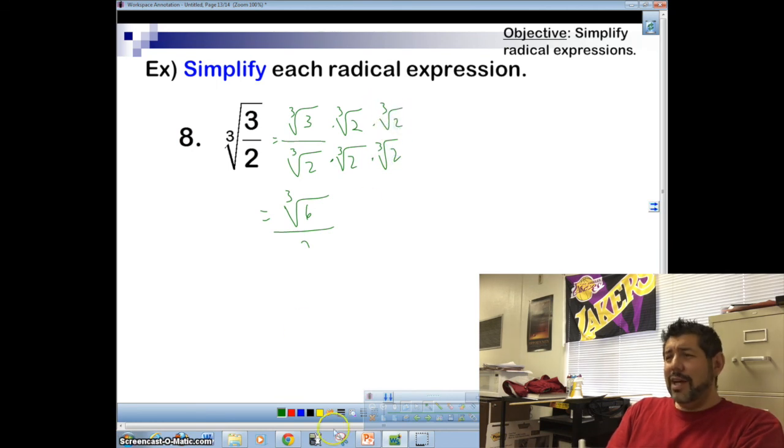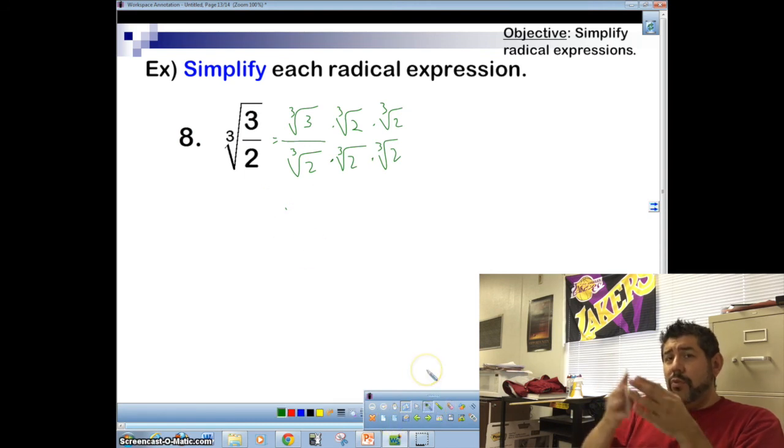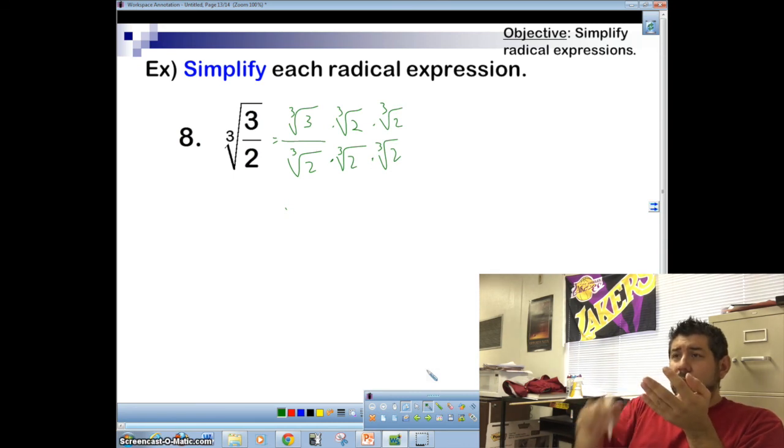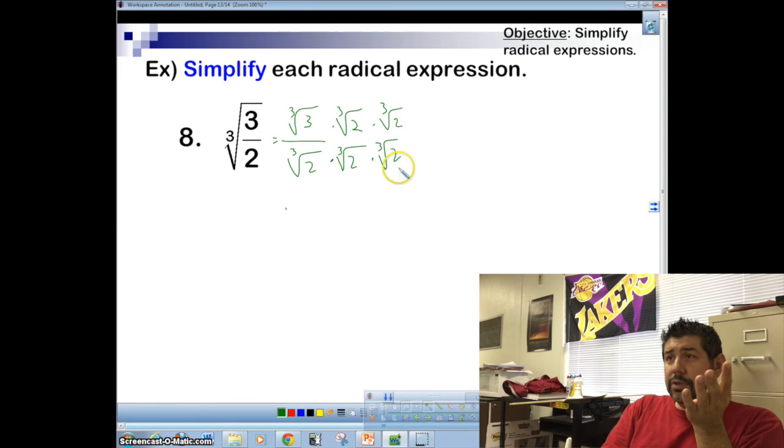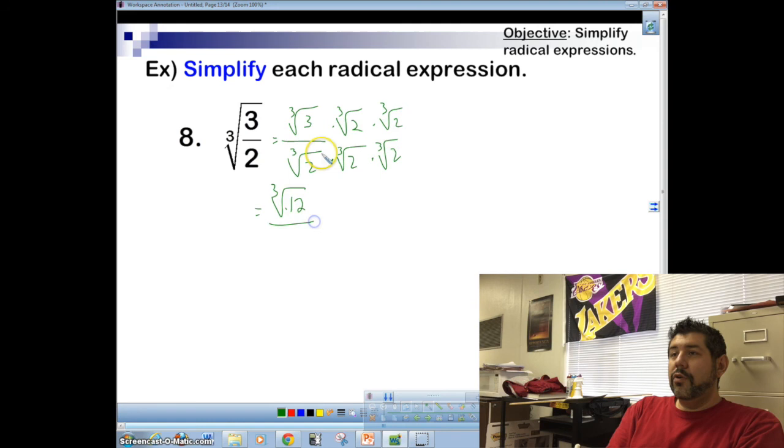You see why I have to do that, guys? Because it's a cube root, and a cube root is 3 things, like 3 times 3 times 3. So if it's a cube root, we have to multiply by the cube root of 2 times the cube root of 2 because we need 3 of them in there. With the square root, it was just 2 of them. All right? So we're going to have the cube root of 3 times 2, which is 6, times 2 is 12, over 2. And that's how we get rid of that cube root in the denominator.